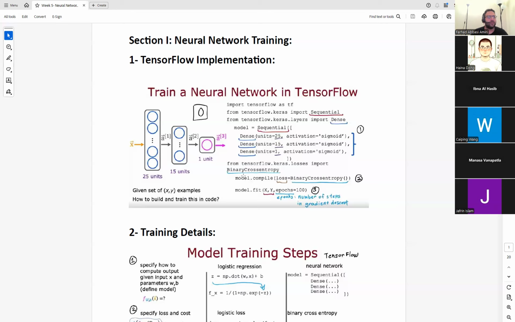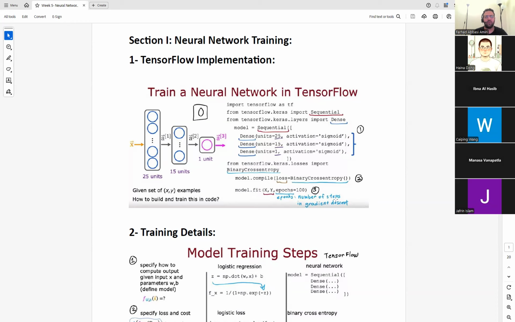And then here in this line, we compile our model, which we created at the top, with a loss function. Our loss function, let's say, is binary cross entropy because we are working on a binary classification application. And then we fit our model on the training data set, X and Y, with 100 epochs.